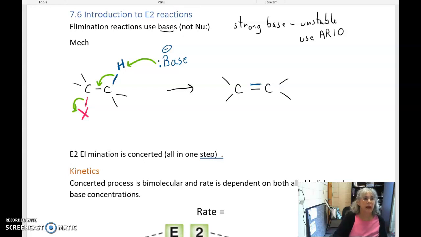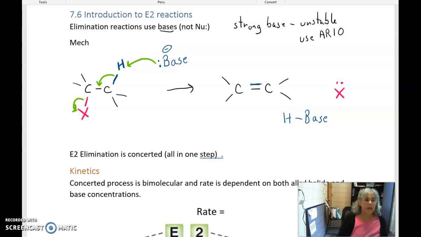The halogen will be over here by itself, and it will have the pink electrons with it. And the base, I think I did it out of blue, is here, and it will have that proton on it. And so we've got 3 arrows, the 3 sets of electrons are moving.